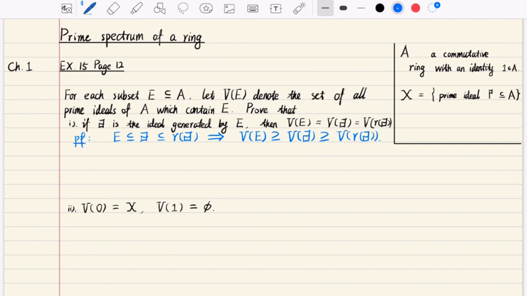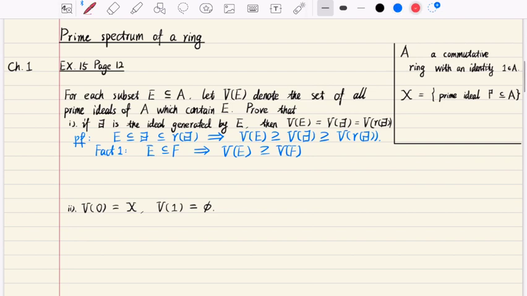This direction is almost trivial, but we can still draw some conclusion from this observation. We will call it fact one. If E and F are two subsets of A, and E is contained in F, then V(E) must contain V(F).